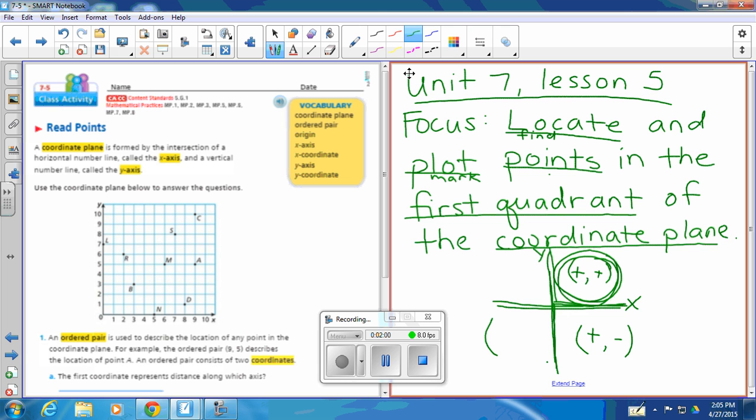In the third quadrant, we'd have negative x and negative y. And in the fourth, we'd have positive x and negative y. So just to give you some background on the coordinate plane, that's why we start here in the first quadrant, because we're starting with both positive numbers.